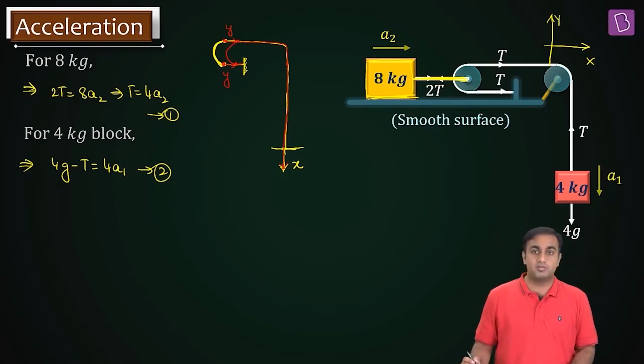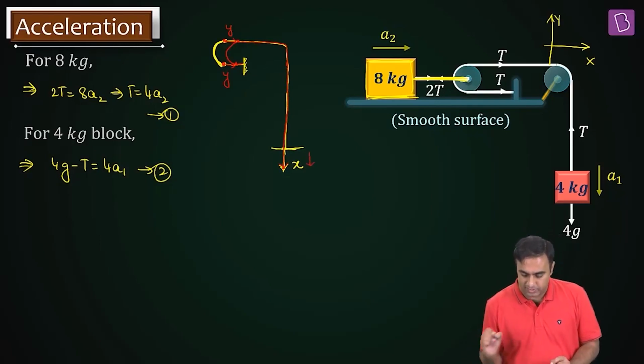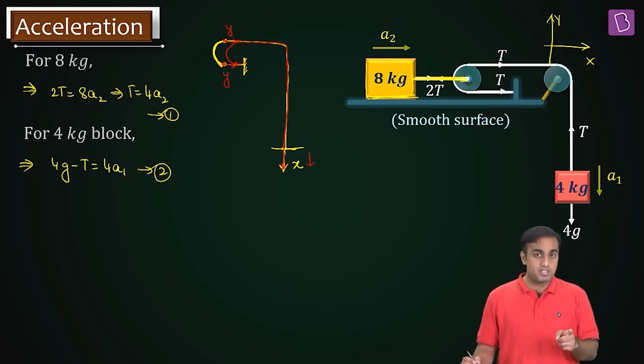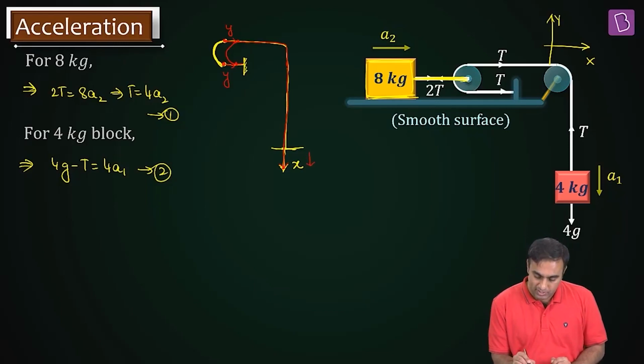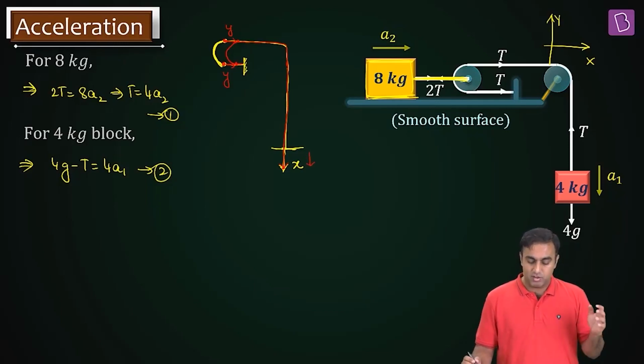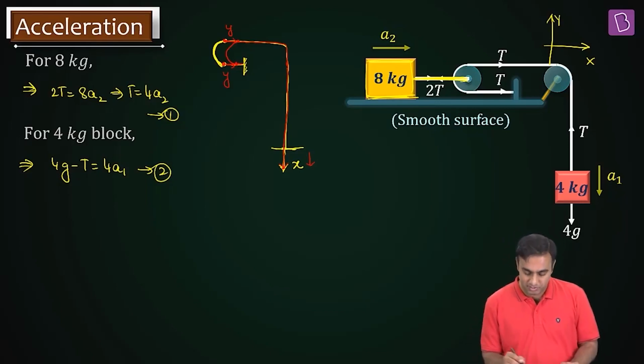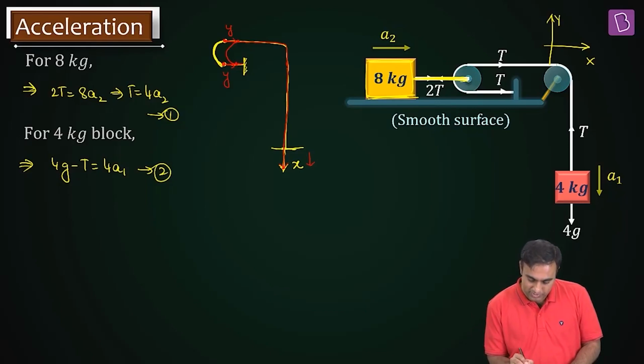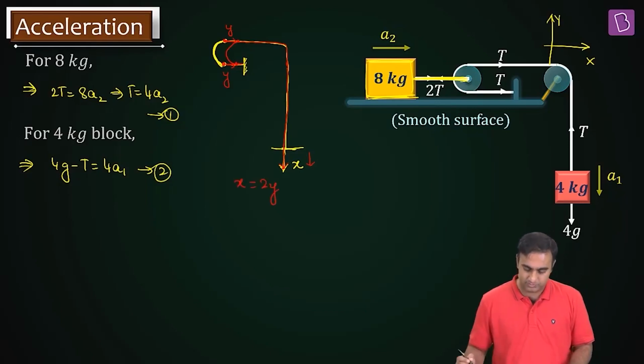Now, how does it help? Simple. We will look at the string length gained here, which is x. It must be because the string length y and y is lost on the other side. And that's because the string is inextensible. So we have a relation between x and y. What is it? x is equal to 2y.